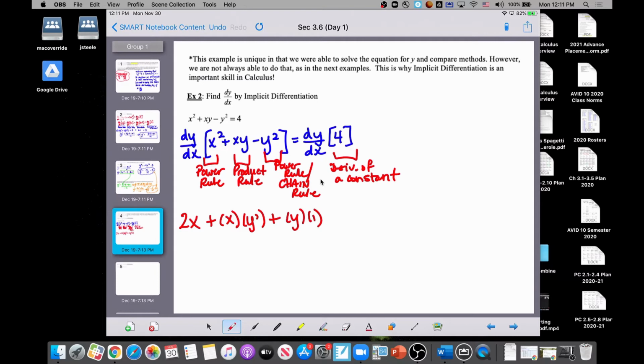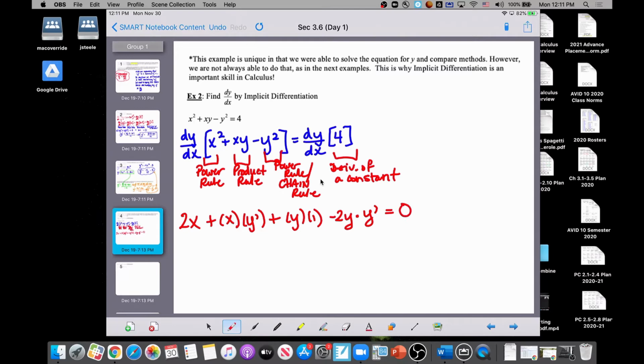Okay, so there's my product rule. Then the derivative of negative y squared, well, first it's the power rule, so that's going to be negative 2y to the first, but then I have to multiply by the derivative of y, which is y prime, right? There's my chain rule. And then on the other side of the equal sign, the derivative of a constant term 4 is 0.